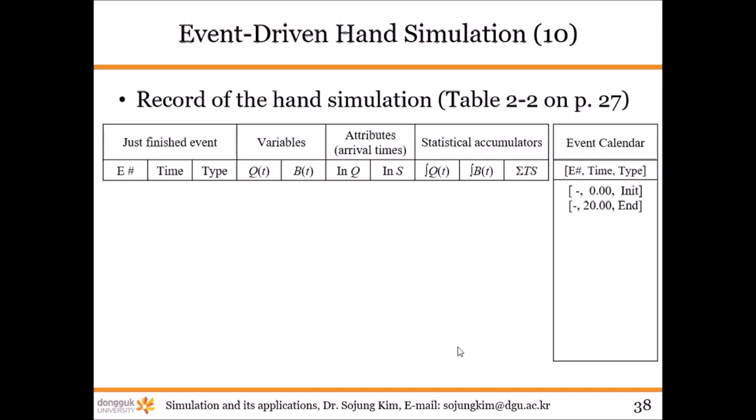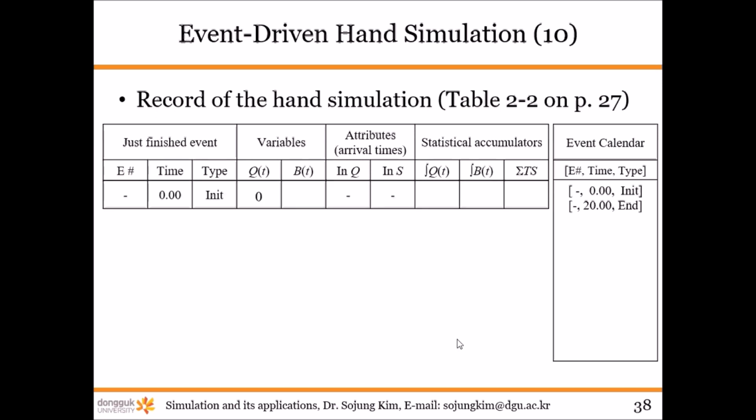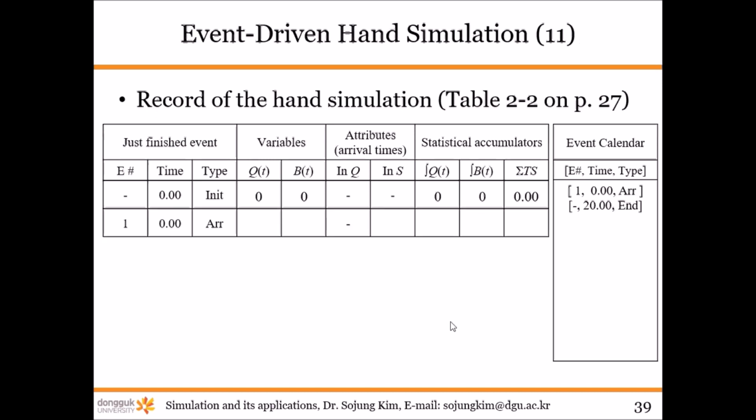Okay, so here is a record of the hand simulation shown in the textbook, and here let's look at the overall procedure. At time 0 there was an initialization event, so it will make all values 0, as you know, and variables are 0, and then statistical accumulators are 0. At type 1 there is an arrival event, right? So Qt is 0, because the server is empty, so BT becomes 1, as you know, and then the arrival time of the first entity in the server.